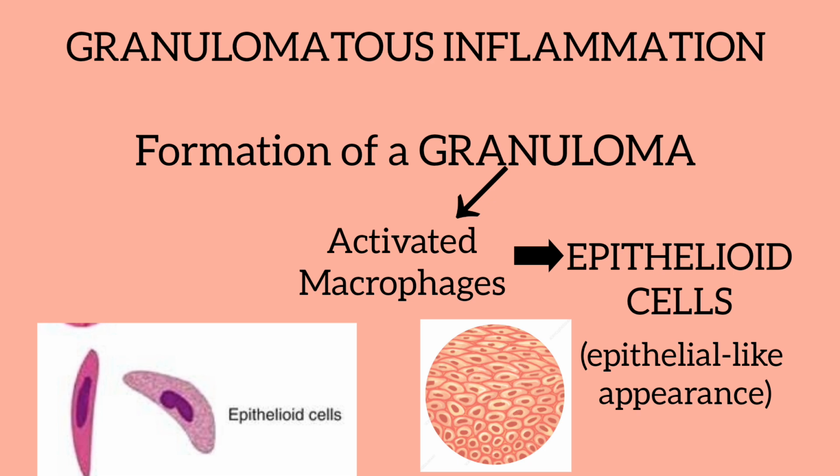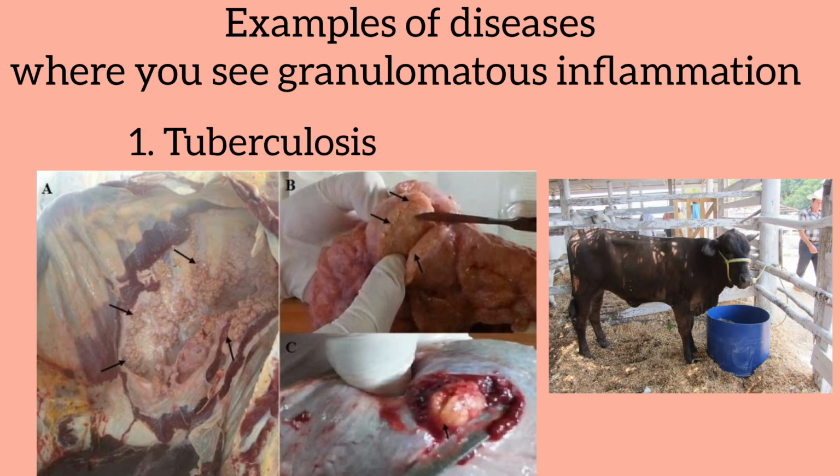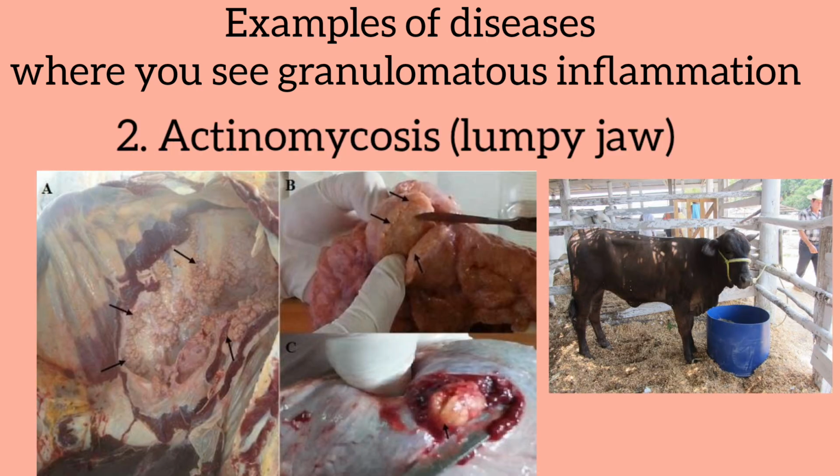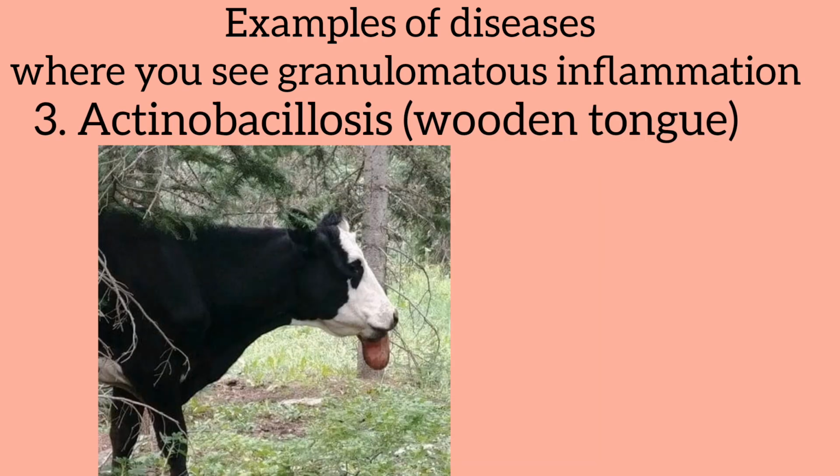So, like I said before, the accumulation of activated macrophages, which are surrounded by a rim of lymphocytes, will form what is called a granuloma. Examples of diseases where you see granulomatous inflammation, we have one, tuberculosis, two, actinomycosis, three, actinobacillosis.